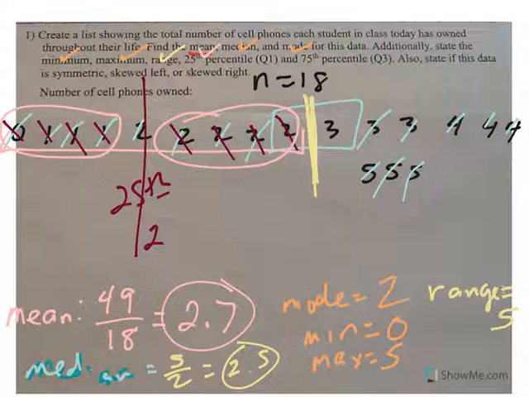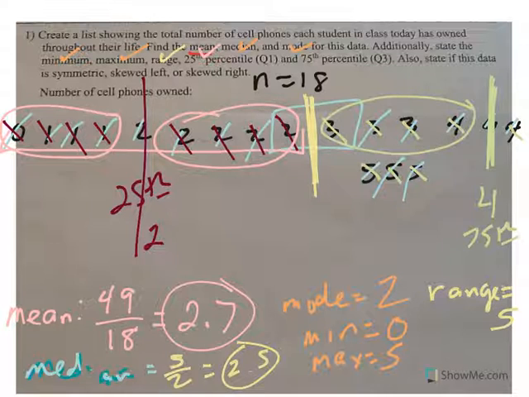Now, when I go to the top half, small, high, small, high, small, high, small, high, boom. 4 is my 75th percentile. And again, look, 4 numbers here, 4 numbers in the top half. So you have 4 chunks of numbers, each with 4 numbers in it, and that makes it work.